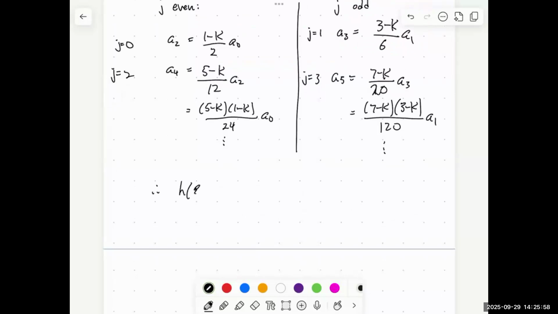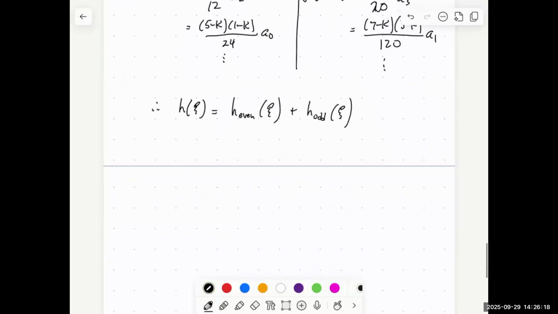Our power series has naturally separated into a series of even powers of z plus a series of odd powers of z. They're still all there, just separated into two series that have the same recursion relation.